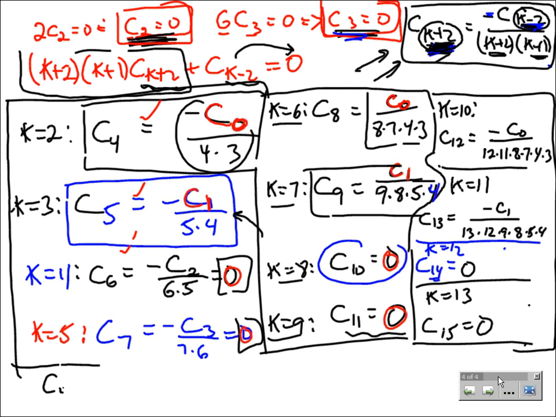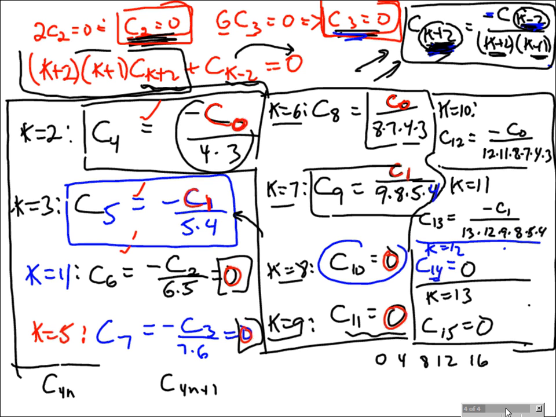You're going to have c sub 4n, that is the remainders when you divide by 4 of 0, or the 4 table, which of course is 0, 4, 8, 12, 16, and then you're going to have multiples of 4 plus 1, which would be 1 and 5 and 9 and 13 and 17. So it's 1 more than the 4 table. The 4 table is on top and the numbers right below are 1 more.